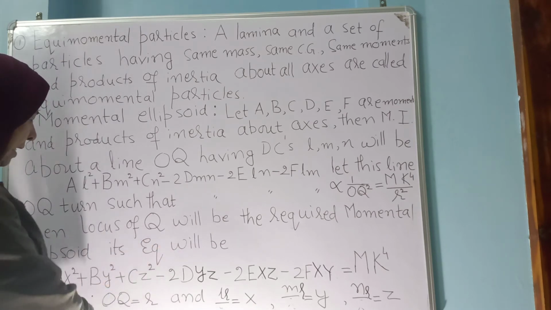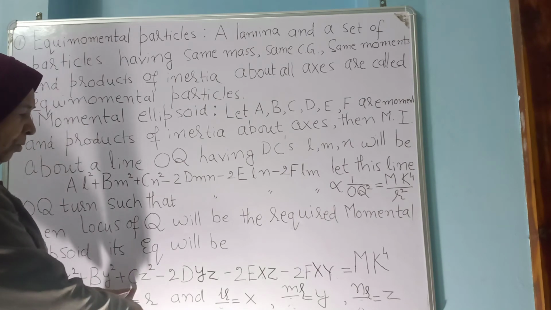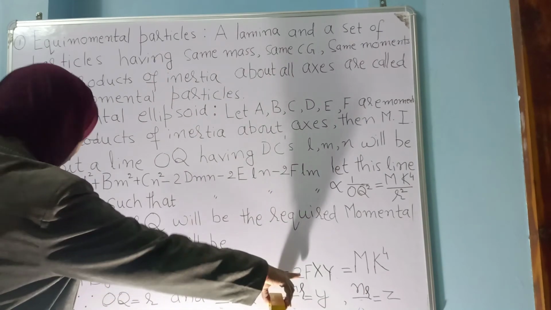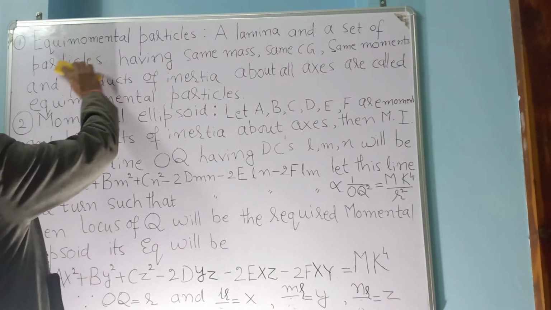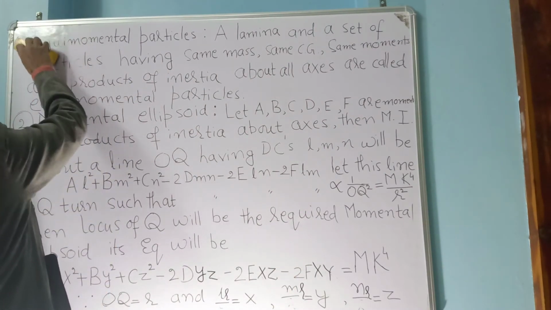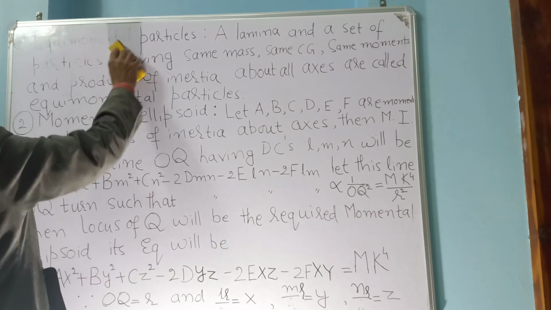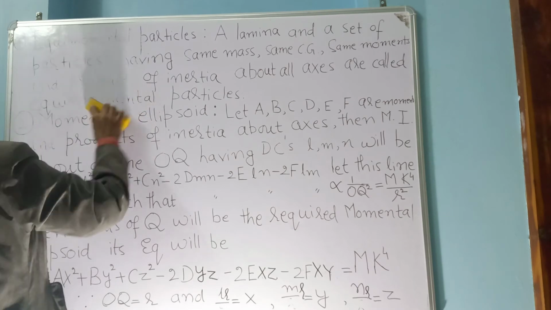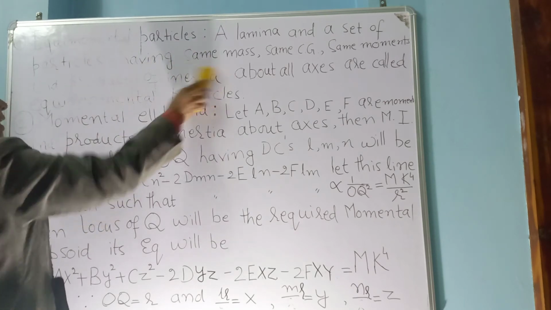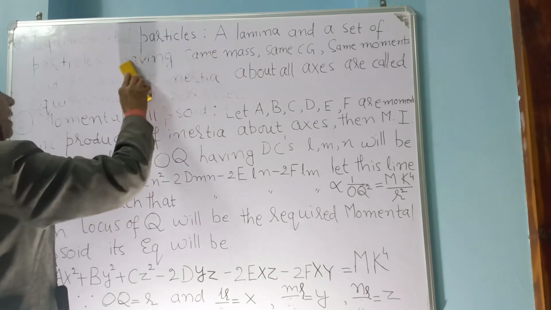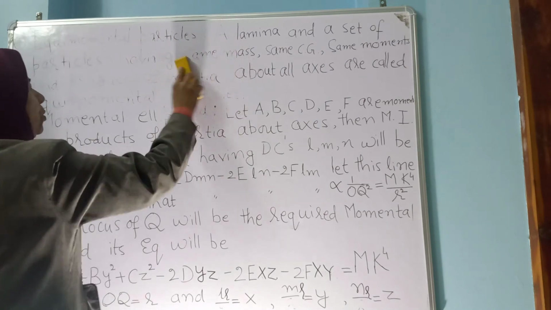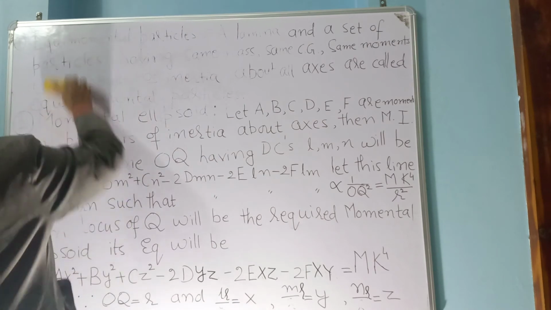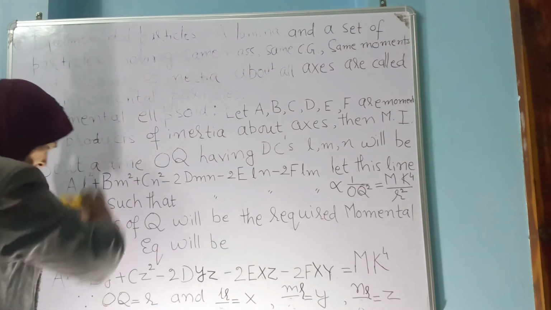Put C, D, E as 0, you will get only 3 terms, and these 3 will contribute to the equation of the ellipse. So that will be the result.